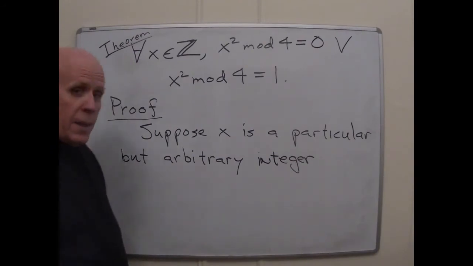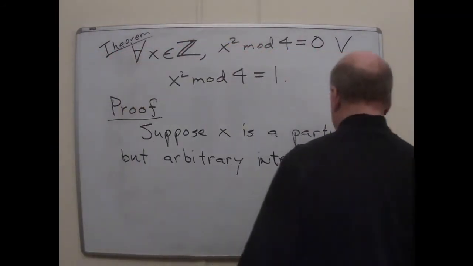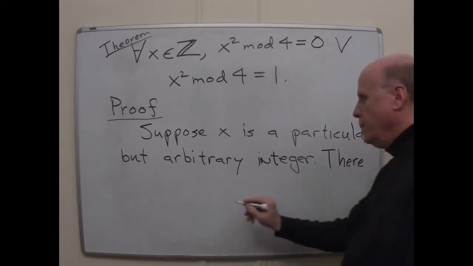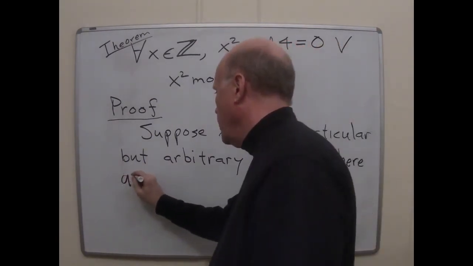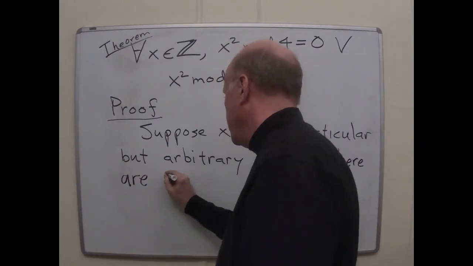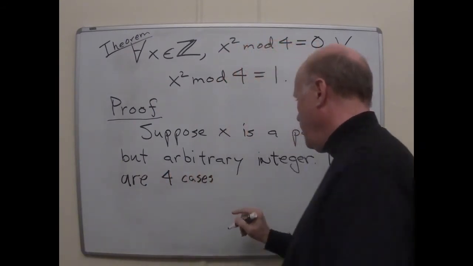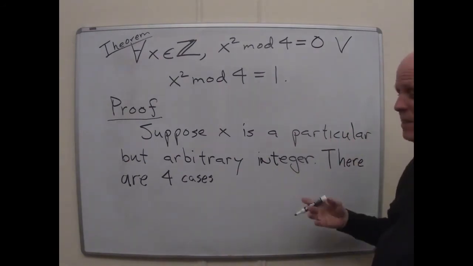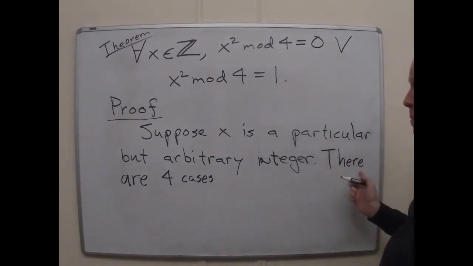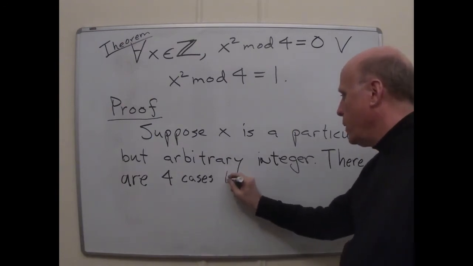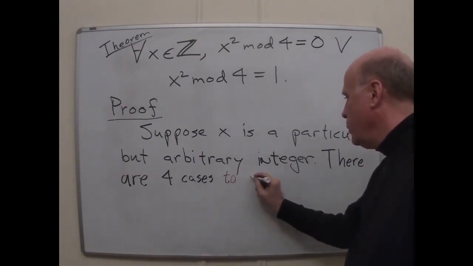There are 4 possibilities for x mod 4. So I'm going to talk about these as cases. And when you're doing a proof by cases, it's generally considered good form to spell out to your reader what the cases are in advance. So we'll say there are 4 cases to consider.